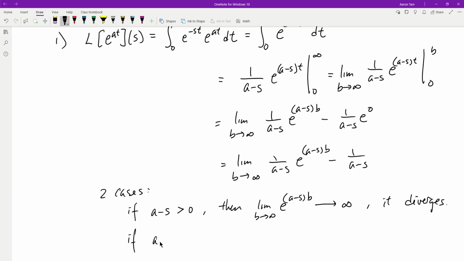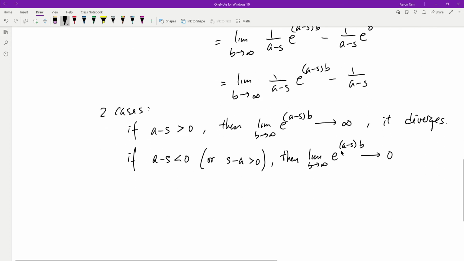Case 2: if a minus s is less than 0, or what I'm going to write is s minus a greater than 0, then the limit as b approaches infinity of e to the (a minus s)b would instead approach 0, because when you have a negative number in front of b, this becomes e to negative infinity, and e to negative infinity becomes 0.